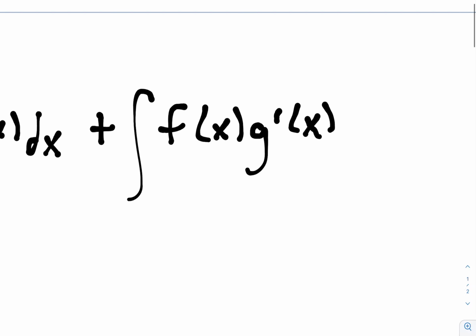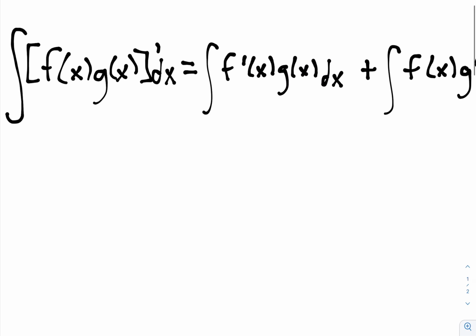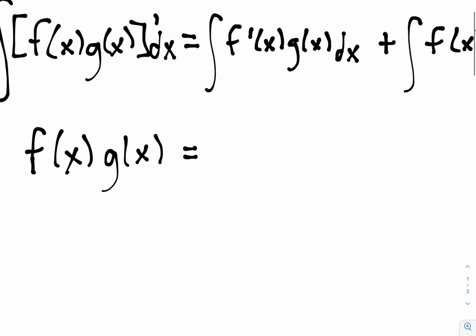So if we integrate every single term here, on the left we're just left with f of x times g of x. We can worry about a plus c later.